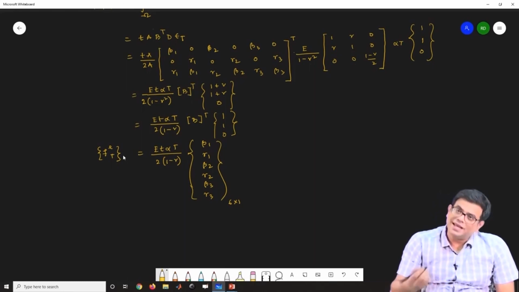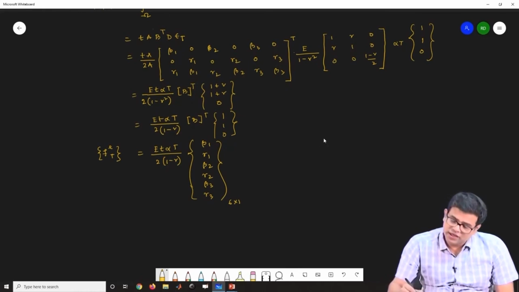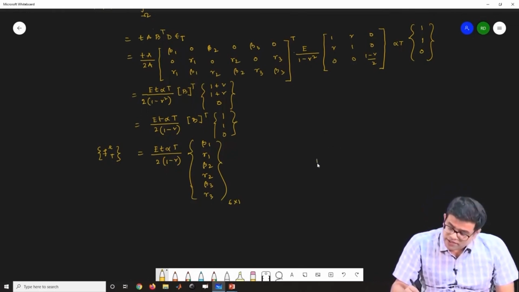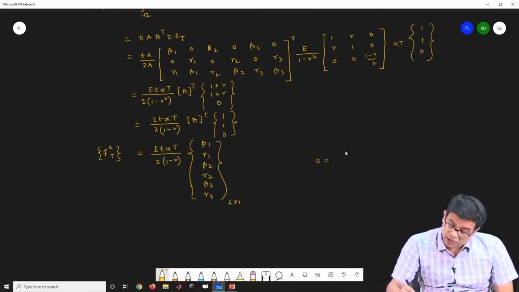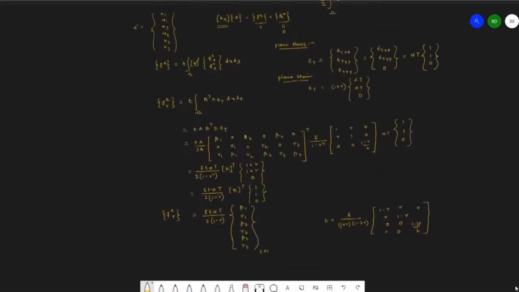Now in case of plane strain, you know the constitutive equation and you know the thermal strain. The thermal strain is the same with just 1 plus nu multiplied, and in case of plane strain, the constitutive relation is E into 1 plus nu 1 minus 2 nu, and then it will be 1 minus nu, nu, 1 minus nu, (1 minus 2 nu) by 2.